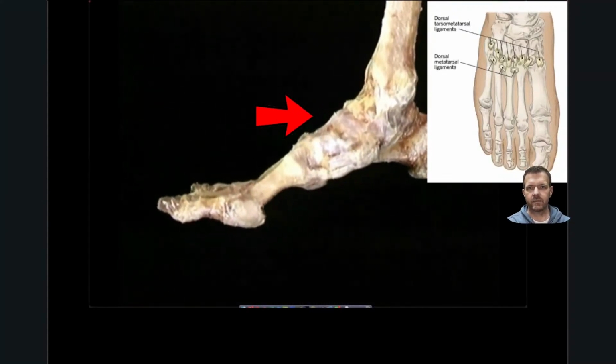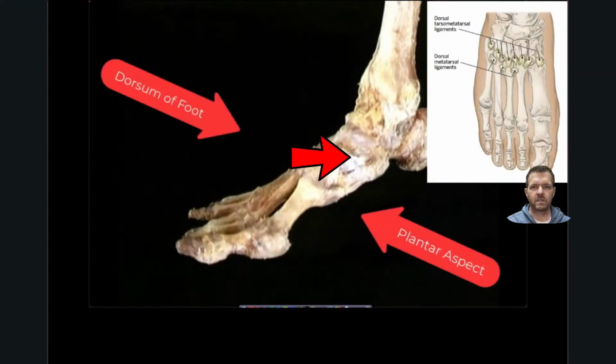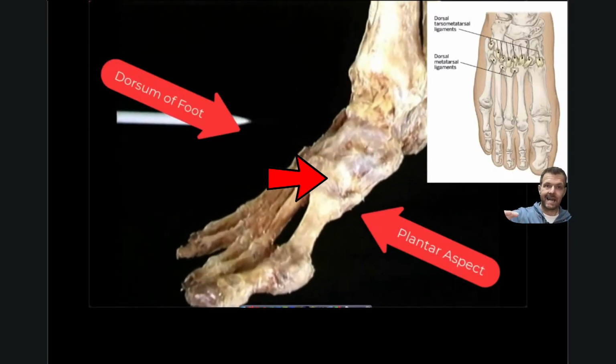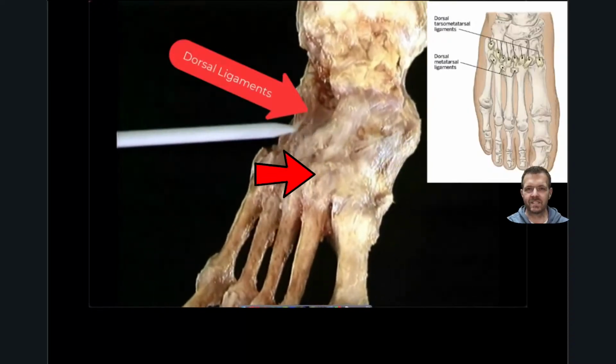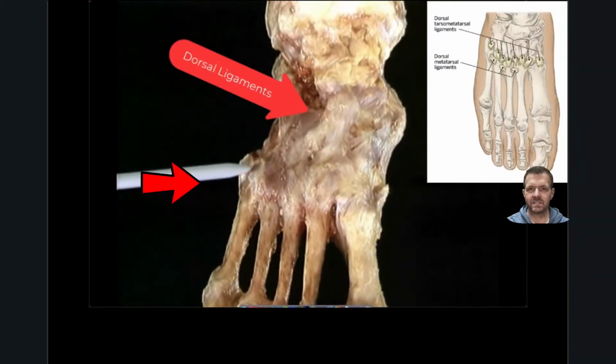Here we go. So again, we've got a whole slab of ligamentous tissue, all of that connective tissue. So that's your dorsal ligaments just there.